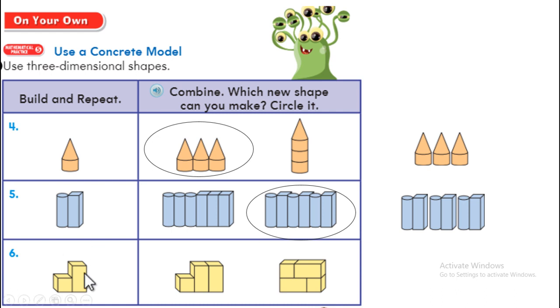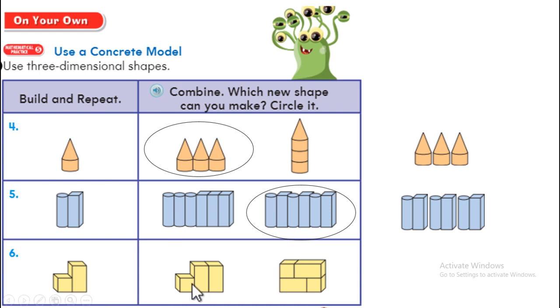And this one, when I repeat a cube and a rectangular prism together, I'm going to have another cube and a rectangular prism again. Here, I have only a cube with 2 rectangular prisms. I don't have another cube. So this is not my shape.